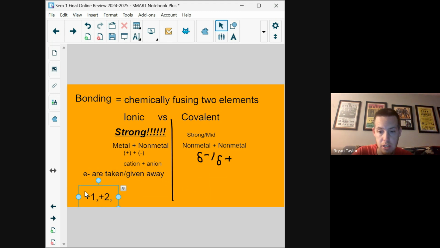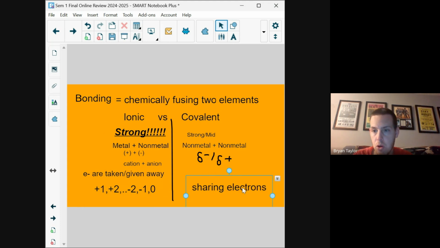That's literally the charges that we talked about with the octet rule, valence electrons, stability. It's the same thing, no different. And this one, again, is with sharing.